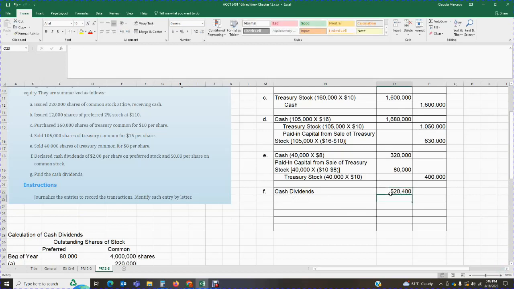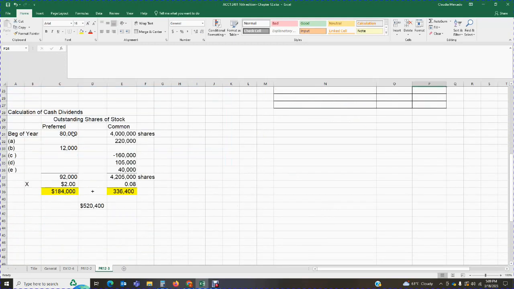And we're going to put that money into our cash dividends payable, because we're not paying them out yet. We're just declaring. So I debited my cash dividends of 520,400 and I credited my cash dividends payable. And how did I get that 520,400?